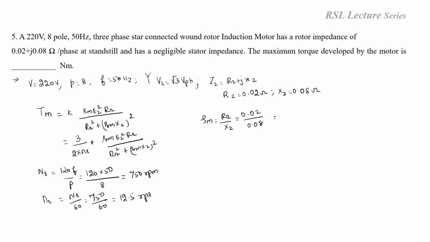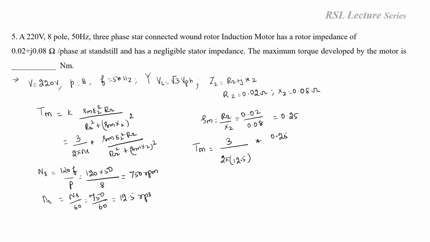On simplification we'll get the slip corresponding to maximum torque as 0.25. Now we'll substitute in the torque equation. Tm is equal to 3 divided by 2 pi into 12.5 multiplied by 0.25 into E2.